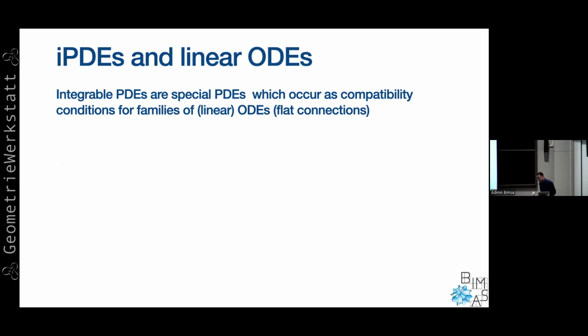So in my field of differential geometry, these integrable partial differential equations basically show up in very special situations. You start with a very special PDE, which has some internal symmetries. And then you can reinterpret that as a compatibility condition for a family of linear ODEs, in my situation on our surface, so for a family of flat connections in more complicated terms.